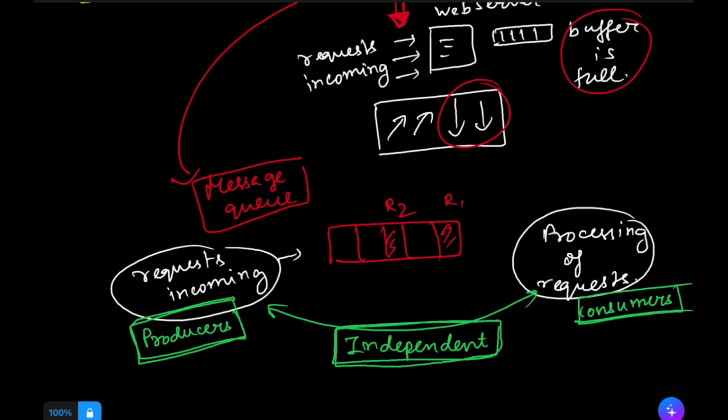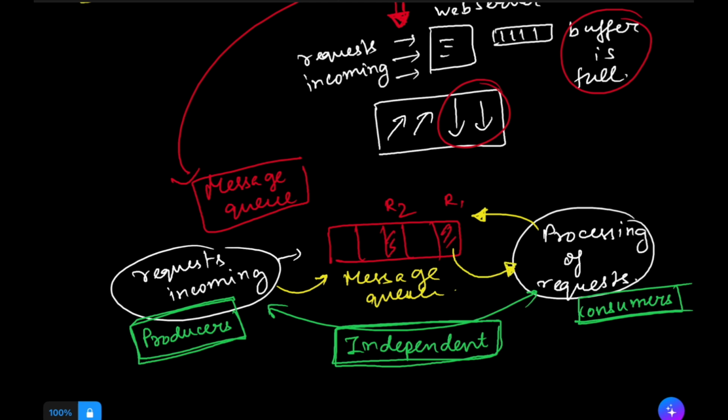Request 2, sorry. And the web server, whenever its processing has been done, and let's say its buffer is full, it continues its process. In the meantime, the producers are producing the requests and they are filling up the message queue. Once the web server is free, it checks whether there are any pending tasks in the message queue, takes a task and processes the request.